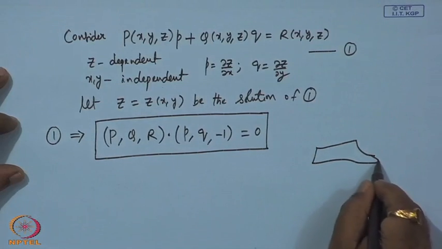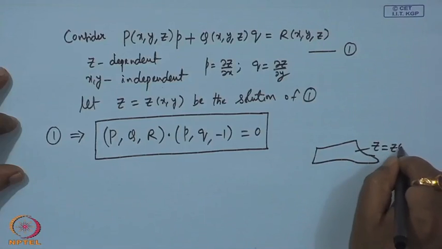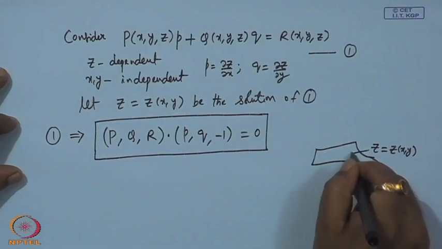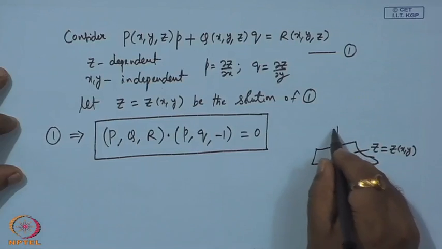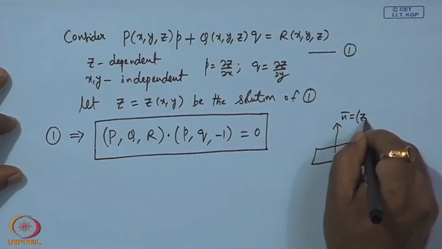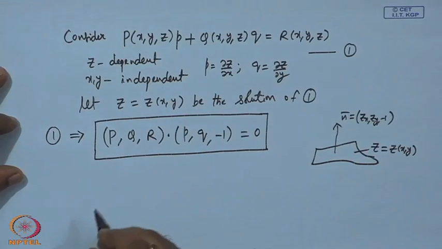But remember, suppose this is z equals z of x y, this is a surface. Then the normal n bar is (z x, z y, minus 1).